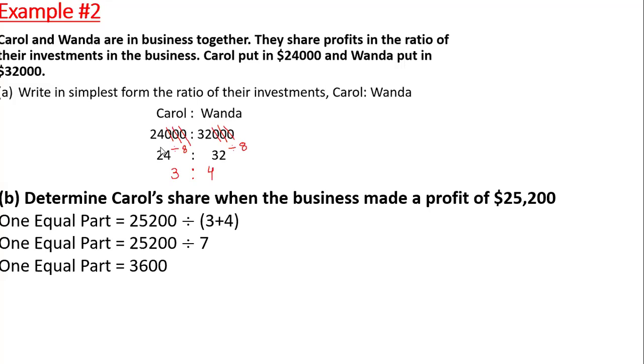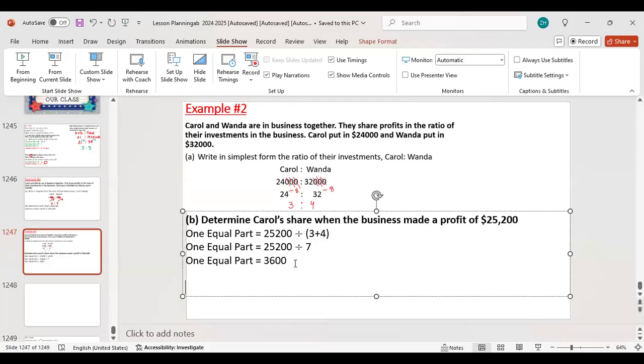Go ahead, Alex. So in order to find Carol's share of the business profit, you have to multiply 3,600 by 3, because she put in 3 parts, so her ratio is 3, right? So we're gonna multiply it by 3.